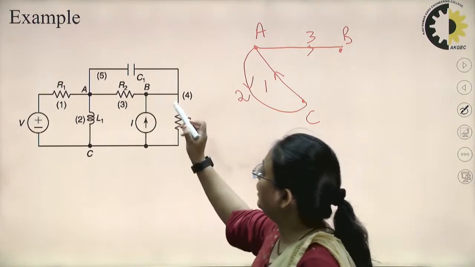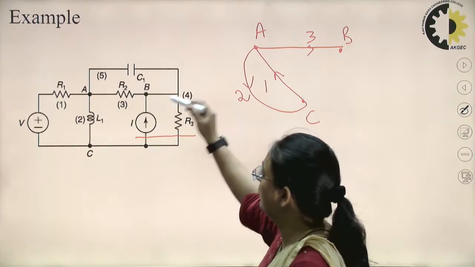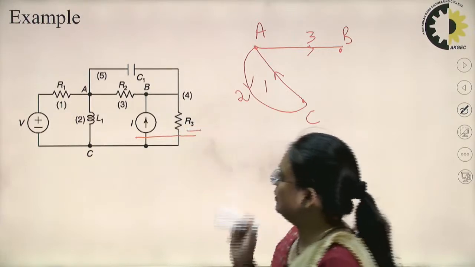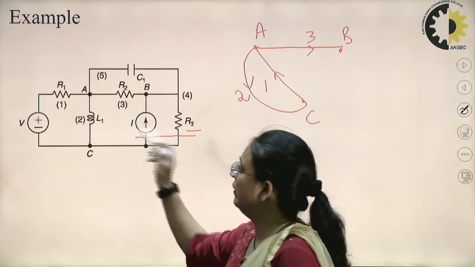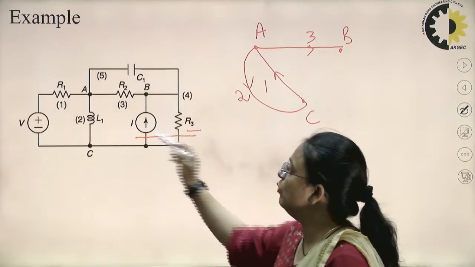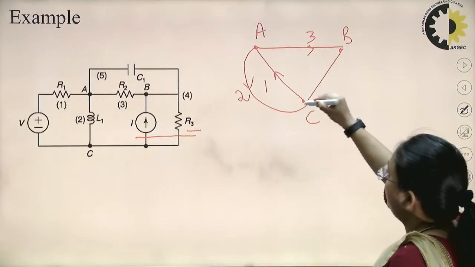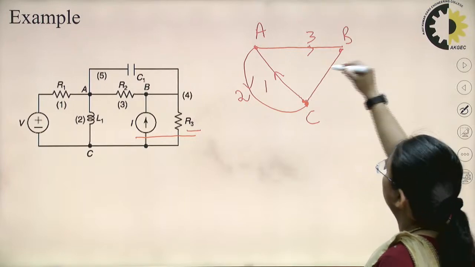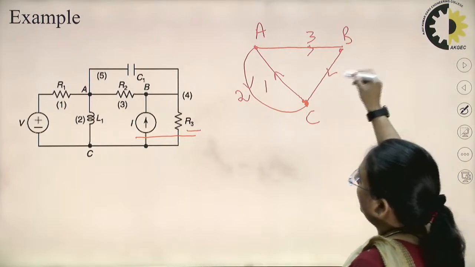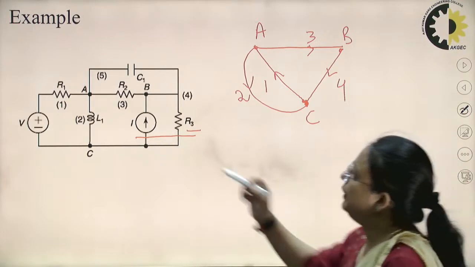Now between node B and C there are 2 branches: one having a resistor, another having a current source. I will represent these 2 different branches with a single branch.